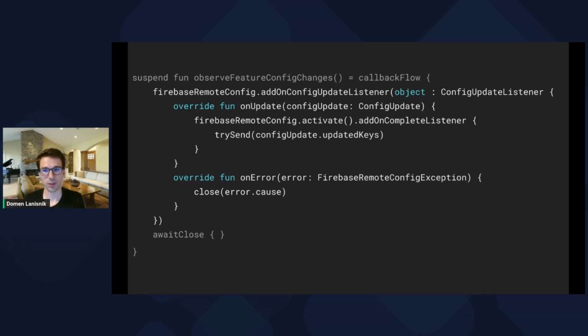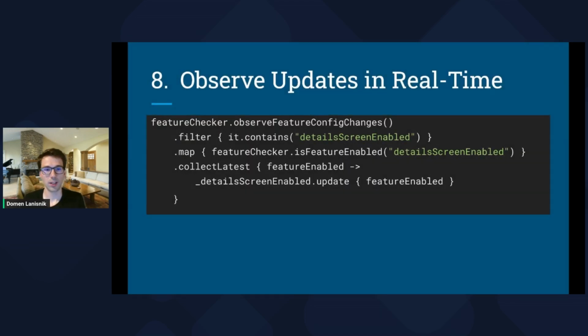So in your code, you can then call this function as a regular flow. You can filter out only the value that you're interested in. So in this case, we're only interested when the details screen enabled feature flag updates. And once it updates, we collect the value and we submit it to the UI in the same way we did before.